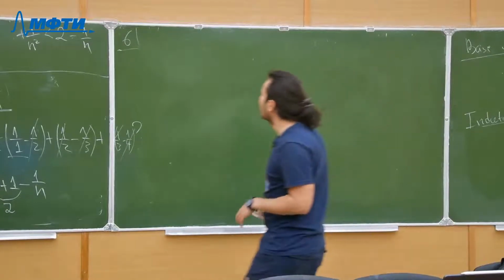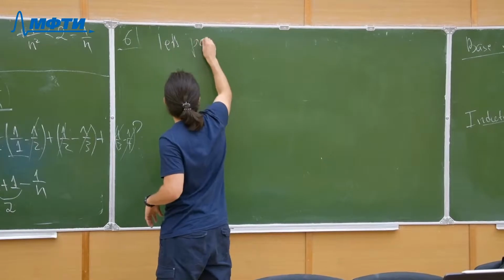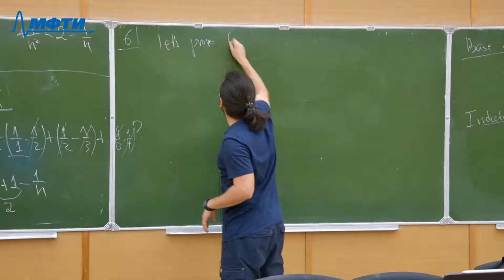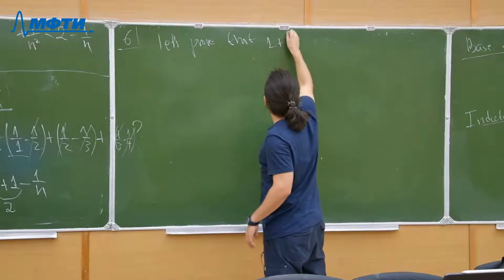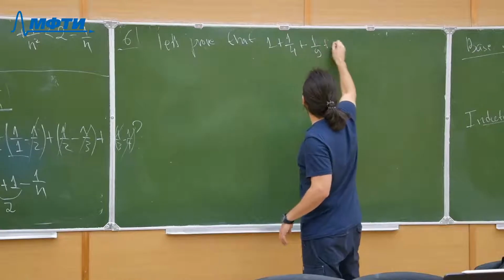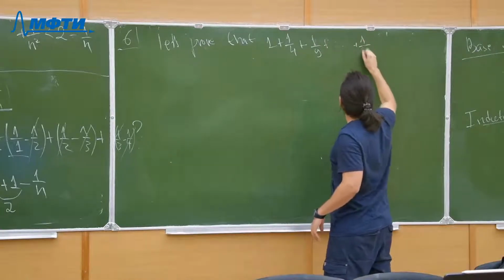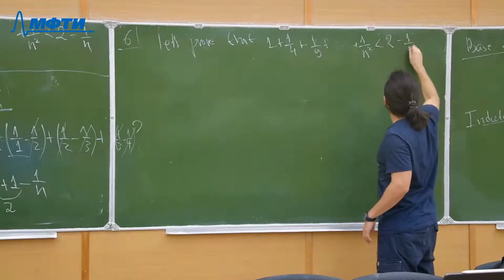Okay, now let's prove that 1 plus 1 over 4 plus 1 over 9 plus ... plus 1 over n squared is less than 2 minus 1 over n.